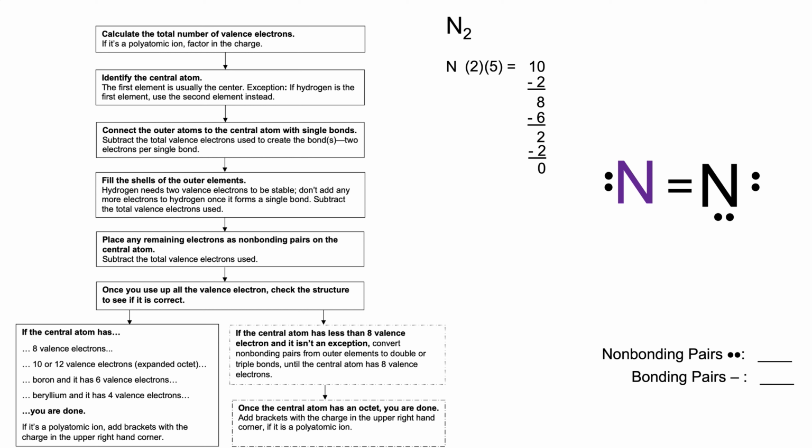There isn't another location to make another double bond, so I'm going to go back to that outer nitrogen, erase another non-bonding pair, and create a triple bond. Now that central atom is following the octet rule and the structure is done. There's a total of 2 non-bonding pairs, 3 bonding pairs. 2 plus 3 gives me 5, times 2 gives me 10. That matches how many valence electrons I needed in this structure.